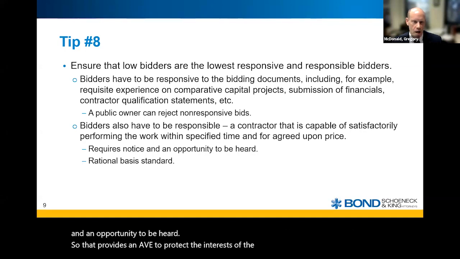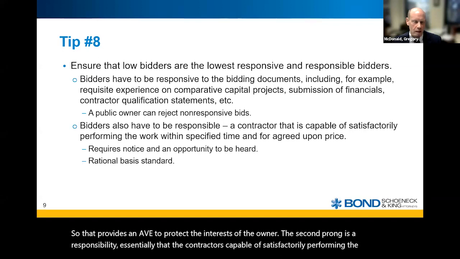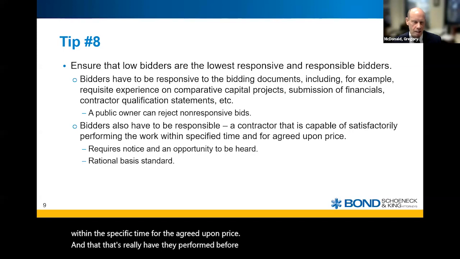The second prong is responsibility. That essentially means that the contractor is capable of satisfactorily performing the work within the specified time for the agreed upon price. And that's really, have they performed before on similar projects? Do they have the financial capabilities? Did they have enough money?